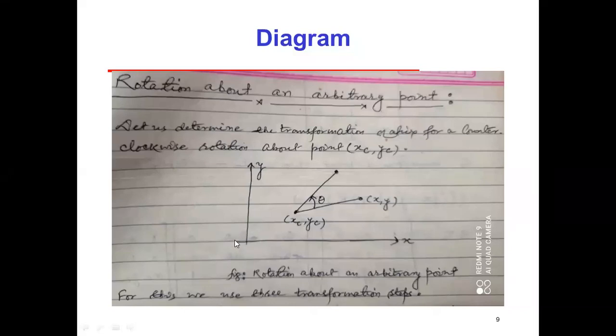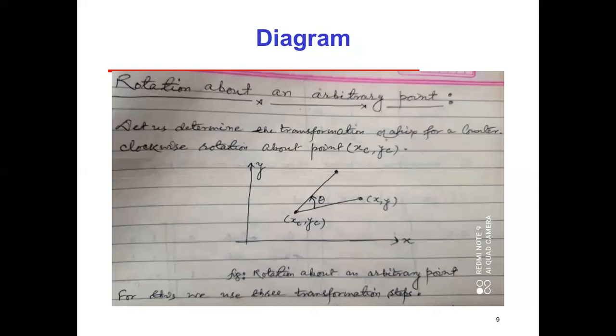Up till now we have been rotating our object either in the 2D plane or 3D plane, but about the origin. In case of 2D, we are considering rotation about the origin, but in case of 3D, we can rotate our object about the x-axis, y-axis, z-axis. But this thing is the new one.